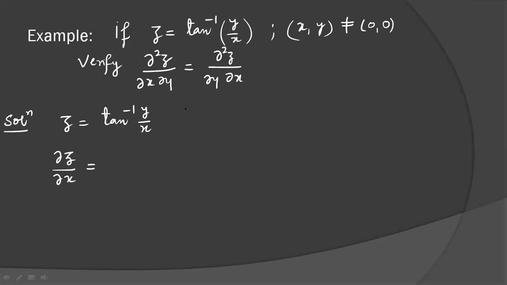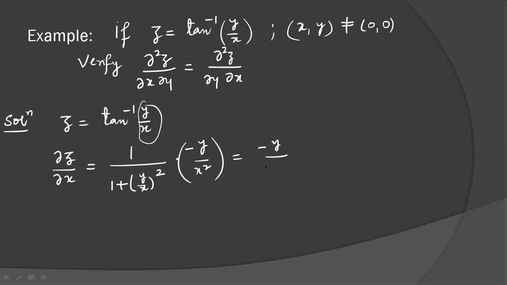It means now the function is defined in the given domain, so we can apply the direct differentiation formula. So the derivative of tan inverse is 1 over 1 plus (y over x) whole square, and the derivative of y over x with respect to x will be minus y over x square. It is not defined at (0, 0), but we have already excluded that point, so I can use this. This will be equal to minus y over x square plus y square.